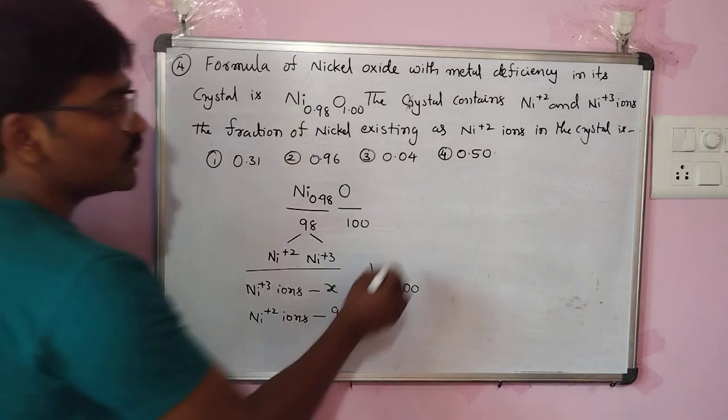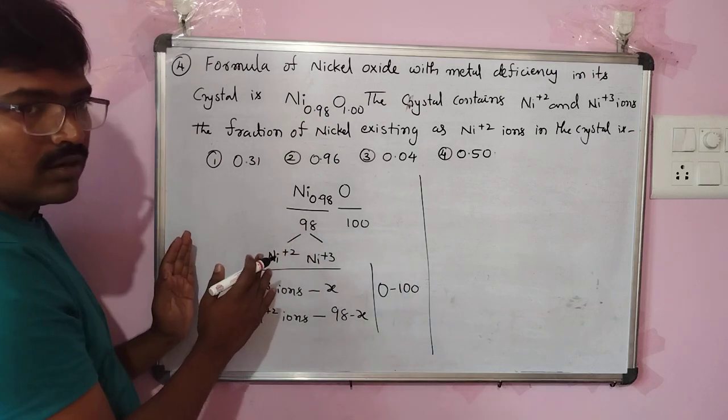Now the total charge of cation equals the total charge of anion.